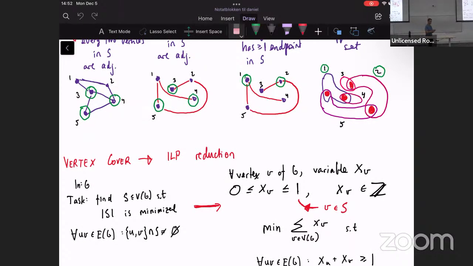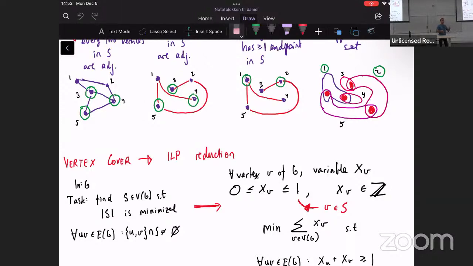So in vertex cover, input is a graph G. The task is to find a set of vertices of minimum size such that every edge is covered. Right. Now, why is vertex cover hard? Well, you have n vertices. For each one of them, you have to make a decision. Yes or no. So you have exponentially many possibilities for how to make those decisions.